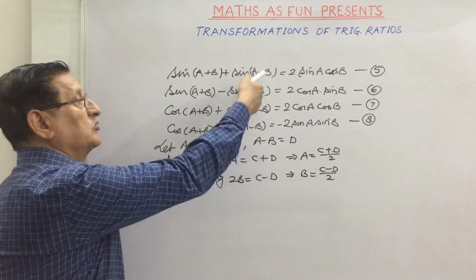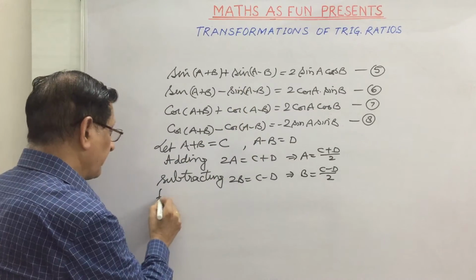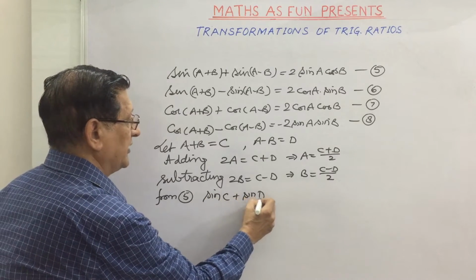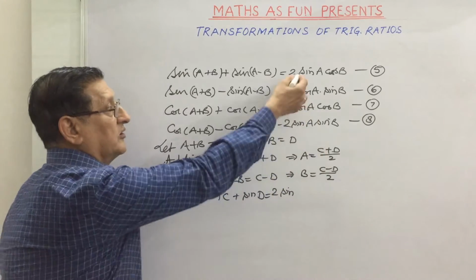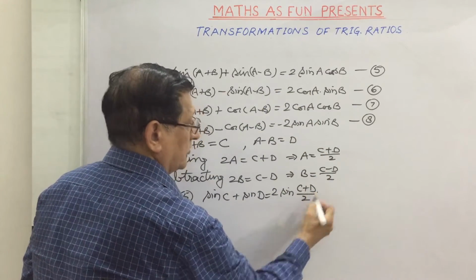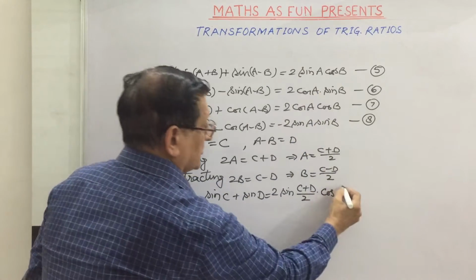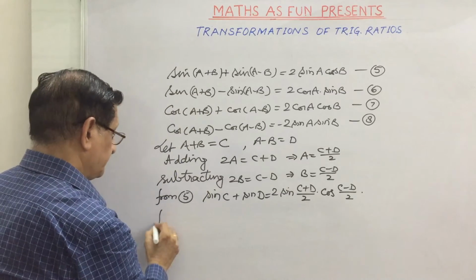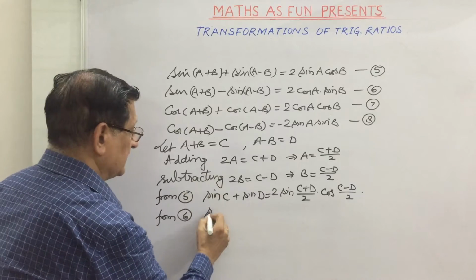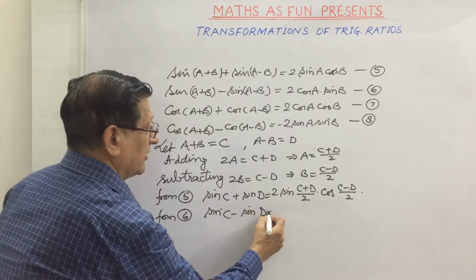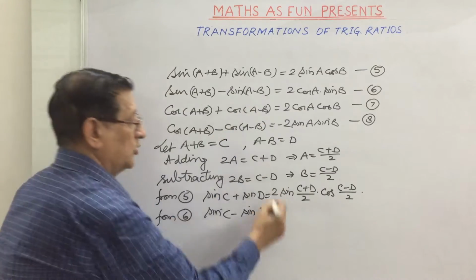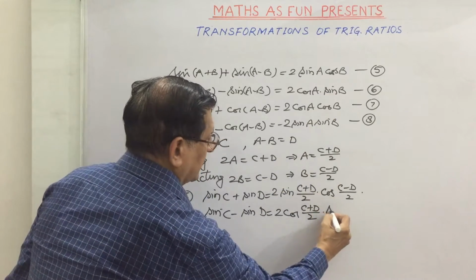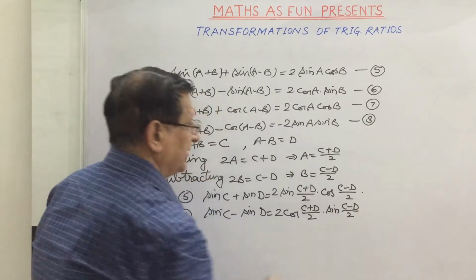If we substitute these values in these all four formulae, what we get from 5, you can see we are getting sine of C plus sine D is equal to 2 sine of C plus D by 2 into cos of C minus D by 2. Sixth, we get sine C minus sine D equal to 2 cos of C plus D by 2 into sine of C minus D by 2.